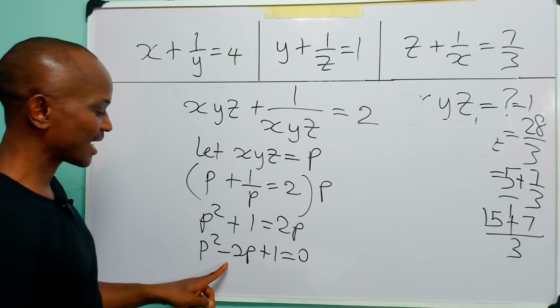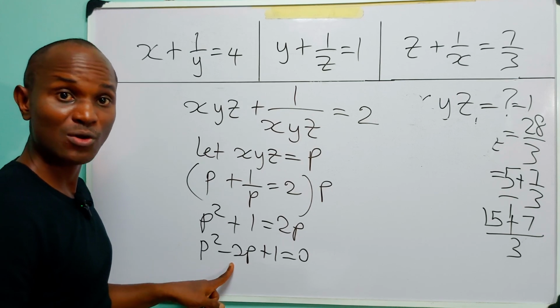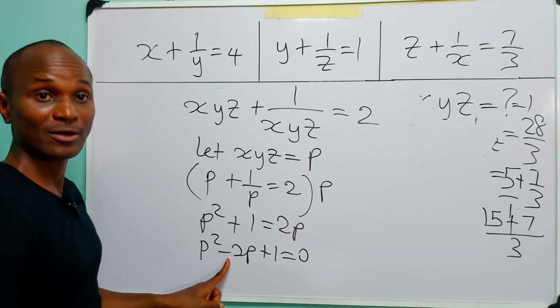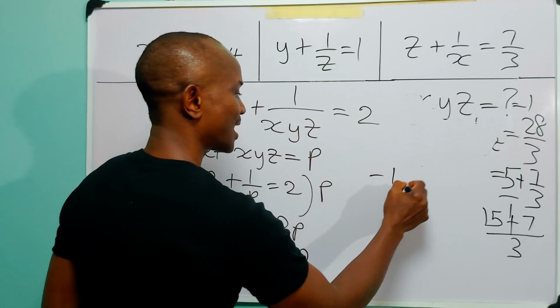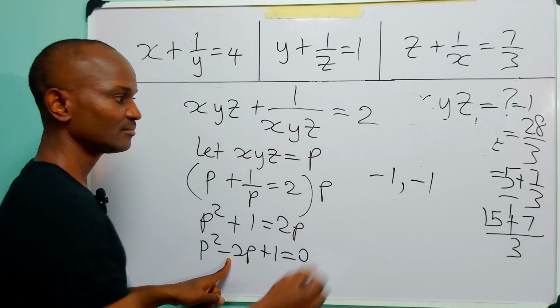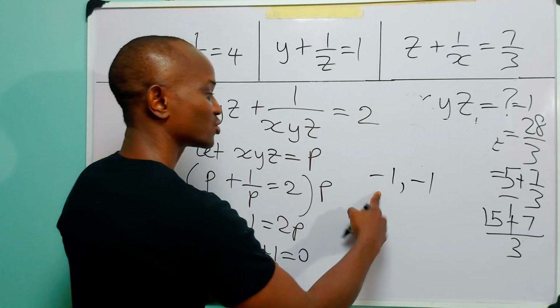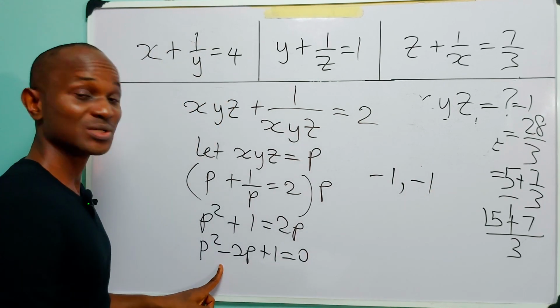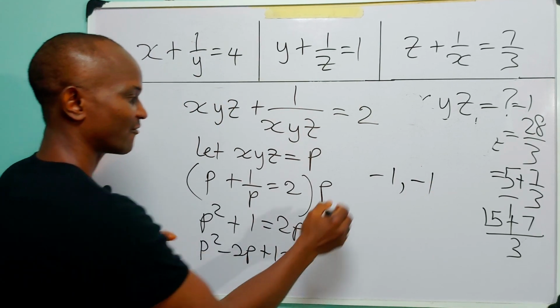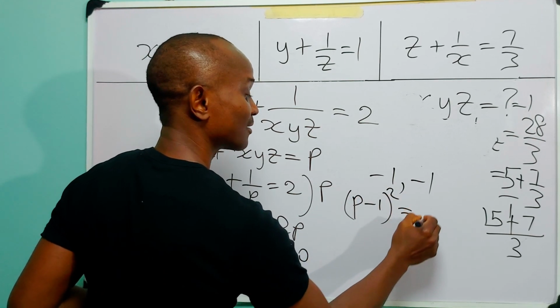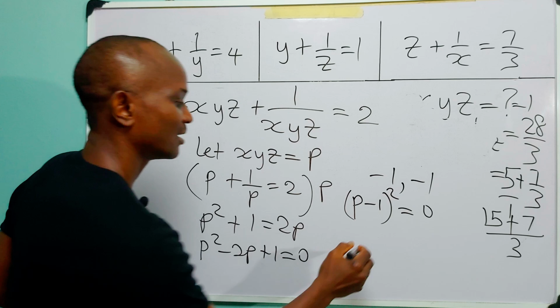Now we can factorize this equation because we know that the factors of 1 that will add up to minus 2 are minus 1 and minus 1. Because minus 1 times minus 1 will give us plus 1, and minus 1 plus minus 1 will give us minus 2. So from here we have that p minus 1 squared is equal to 0.